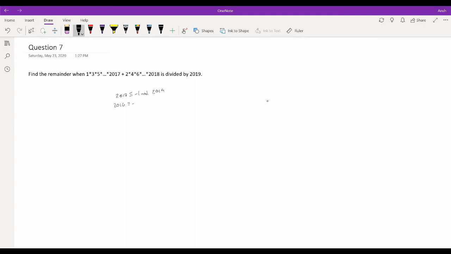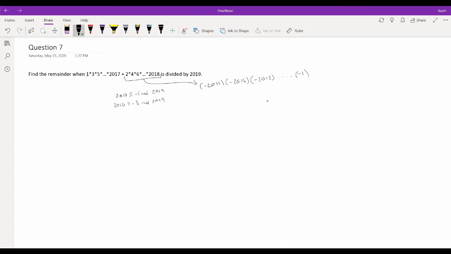We see that actually all the even numbers correspond to an odd number, just negative. So actually, we can rewrite the second product, 2 times 4 times 6 and so on, as negative 2017 times negative 2015 times negative 2013 and so on, times -1.